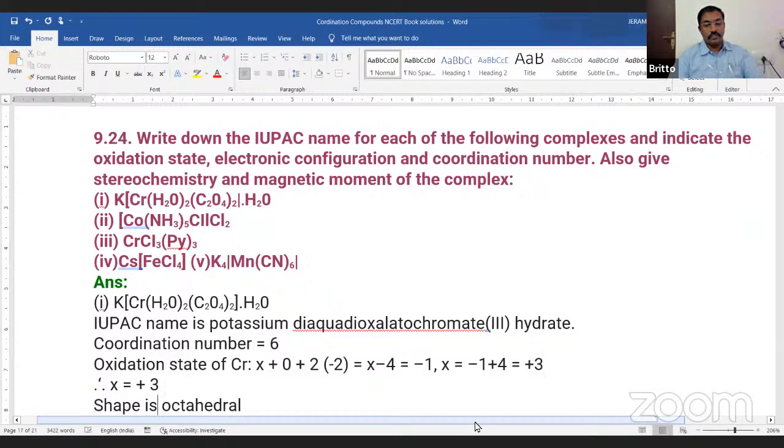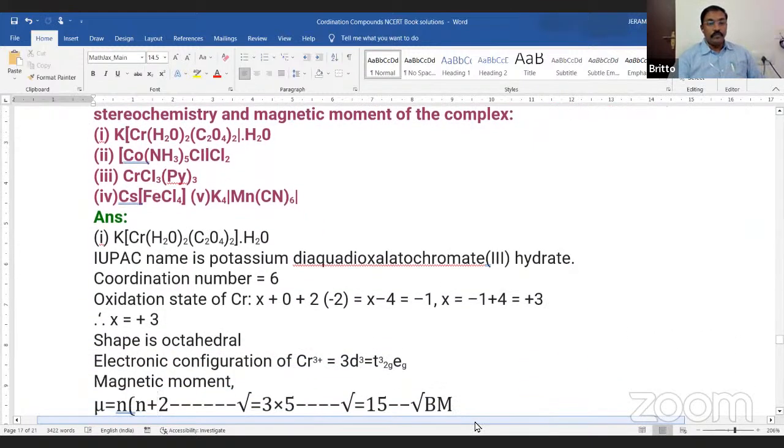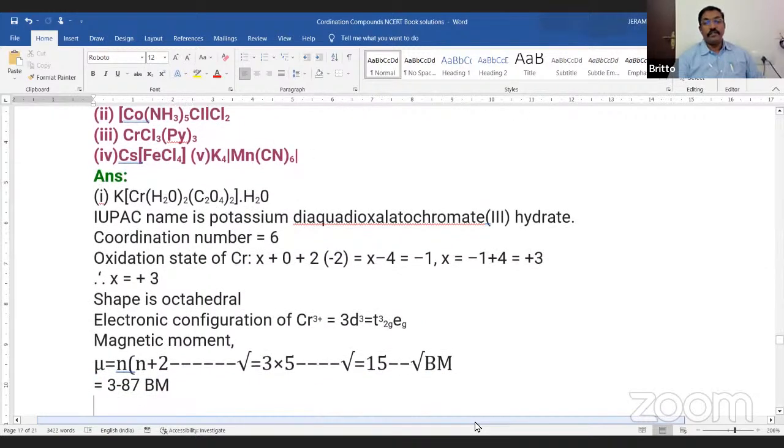That is the oxidation state of chromium here. And they have asked about the coordination number, 6, and it is octahedral shape, and the electronic configuration. Look at this, as I said, even though they had given it at this stage.